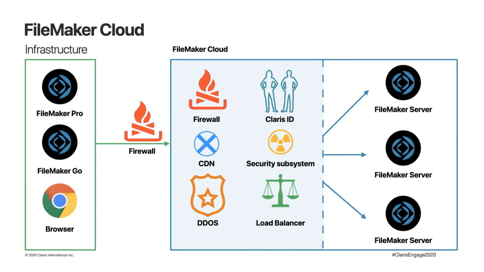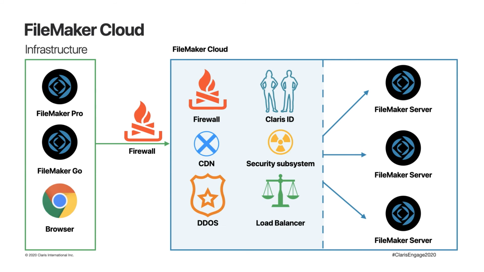But on top of this, Claris also has its own infrastructure in front of it. A complete security infrastructure containing additional software to protect against attacks, network protection, firewall. There is their own Claris ID for authorization.